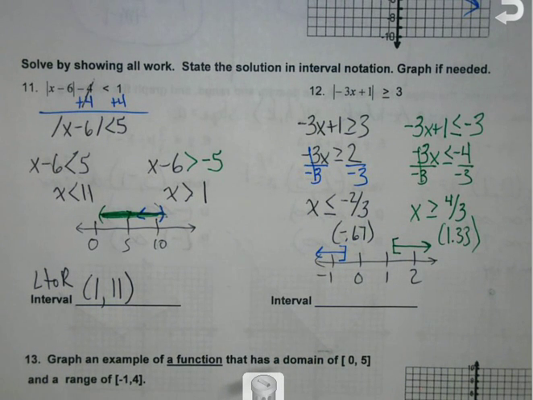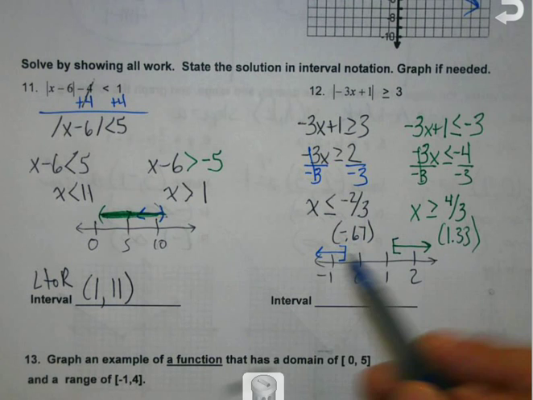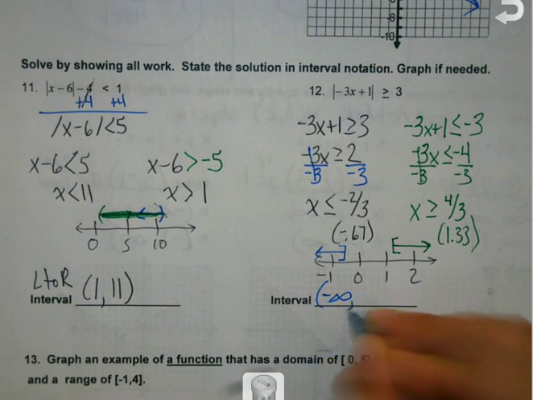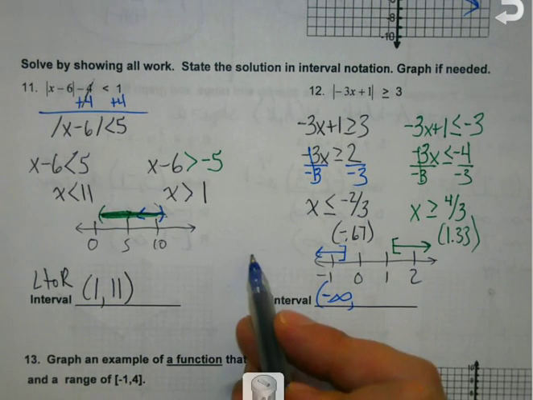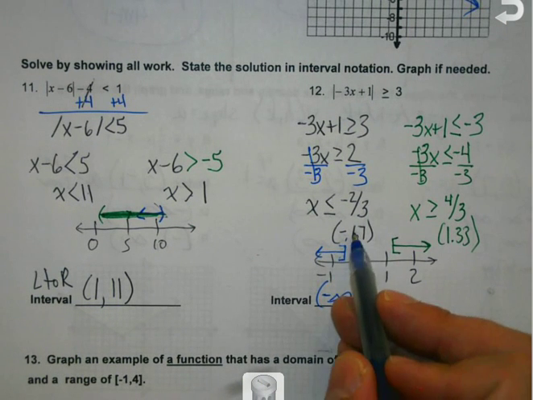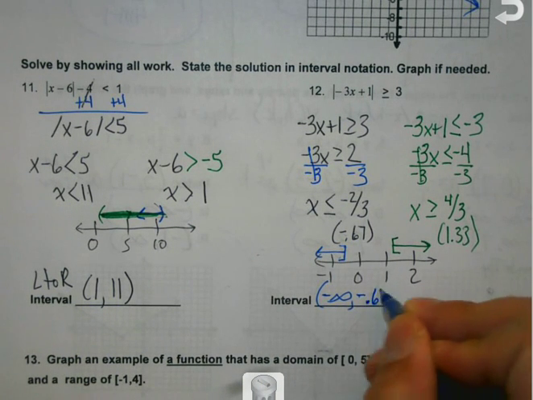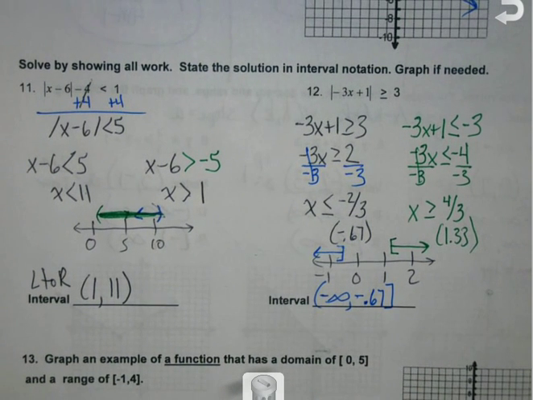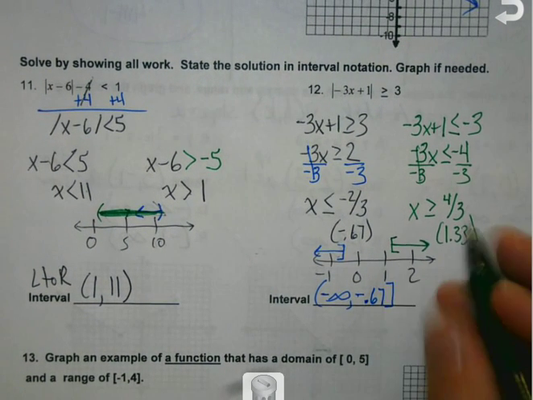Because remember, when I'm going from left to right, and this arrow is going forever to the left, I got to start at -infinity. And I do that until I get up to my first point here at -0.67. I close it up, but I'm like, wait, there's more over here.